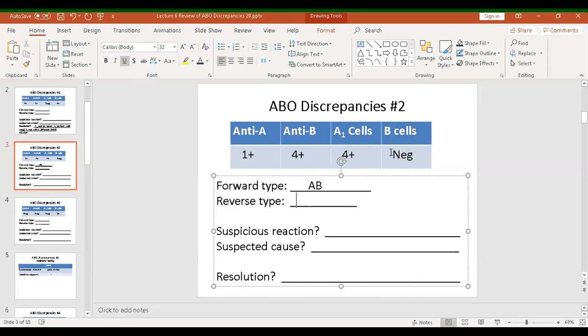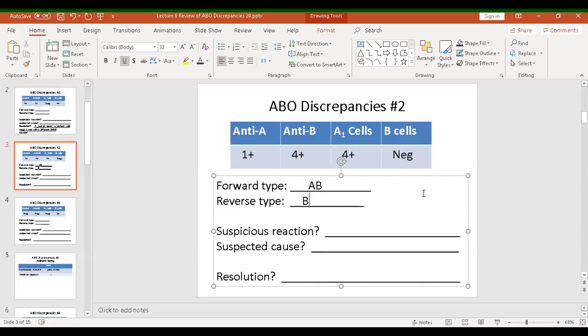So this reverse typing, they basically look like they are type B, because someone who is type B would have a strong anti-A, but remember Landsteiner's rule, would not have an anti-B. So once again, this is a discrepancy. What is our suspicious reaction?